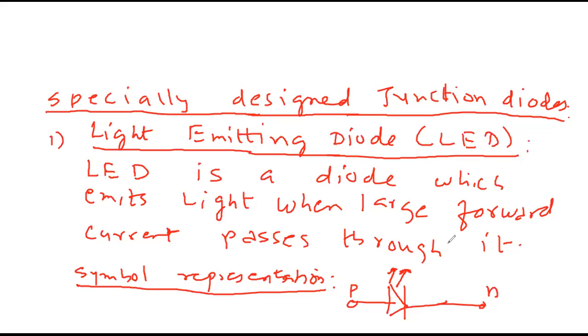Yes, sir. Right, construction. In LEDs, there is a PN junction, that means P and N are there, with a little modification. In LEDs, the N region is heavily doped.